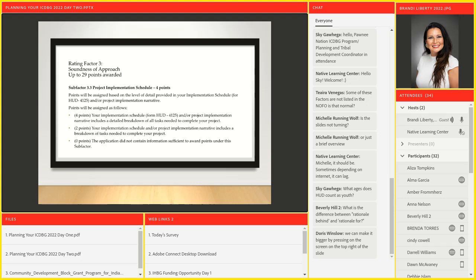I can tell you, depending on your HUD region, it really depends on how they will accept and how much information they want in these implementation schedules. In the past, in one region or a couple of regions that I work with, these implementation schedules only show 2 fiscal years, even for 5 years.